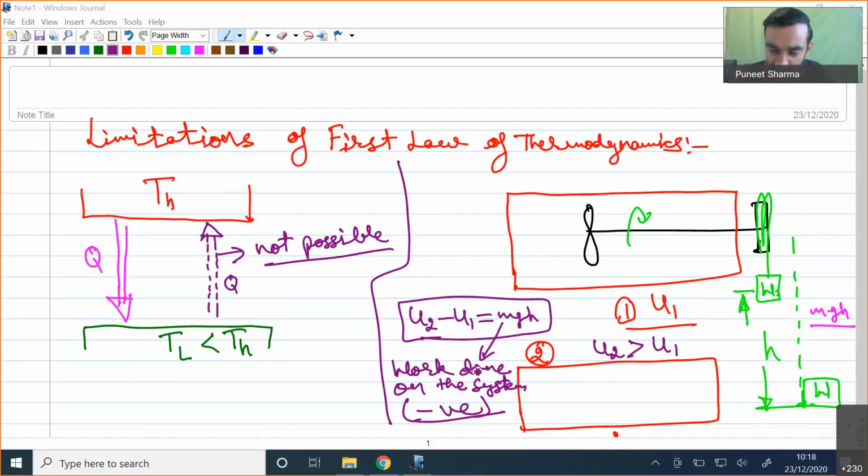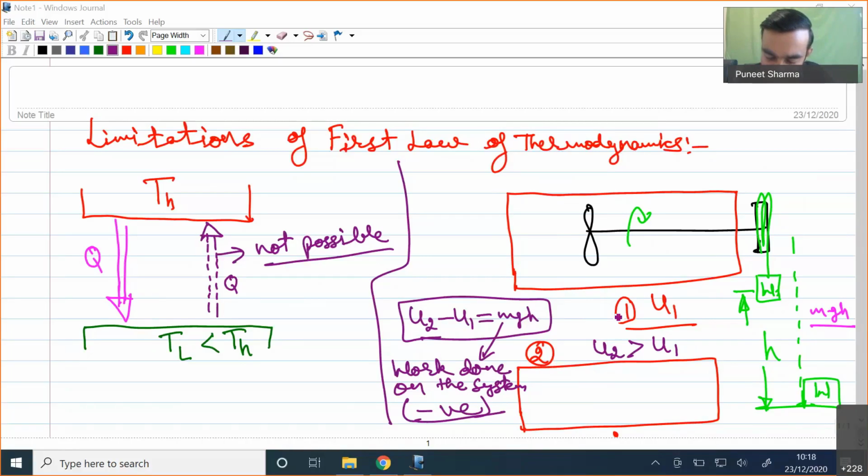As this work is done on the system, it is a negative work. Now if I have to operate this process in a thermodynamic cyclic manner, I have to shift this system once again from state 2 to state 1.